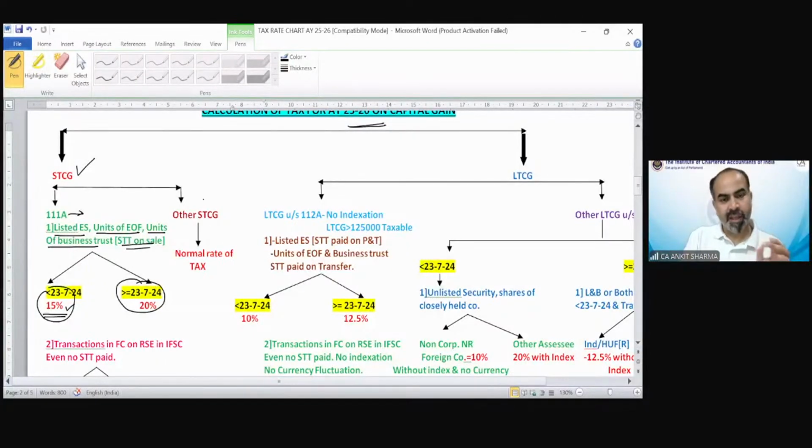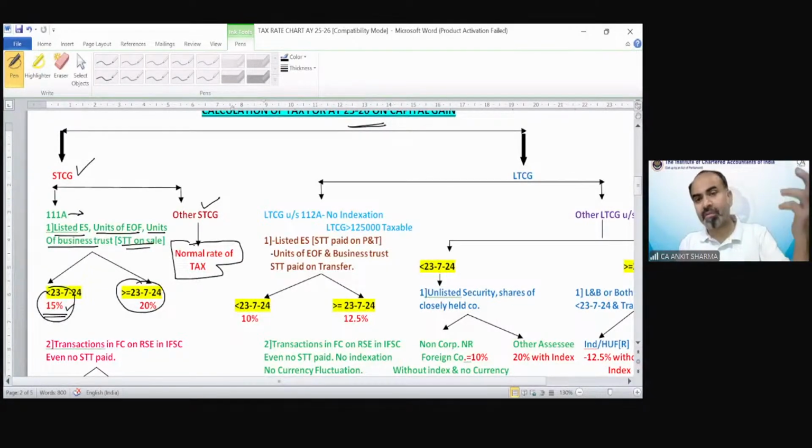If it is other short-term capital gain, except these, the normal tax rate would be applicable as per slab rate. Up to 2.5 lakh it is exempt, then 5%, then 20% under the optional tax regime; 3 lakh basic exemption limit, then 5%, 10% in case of the default tax regime.